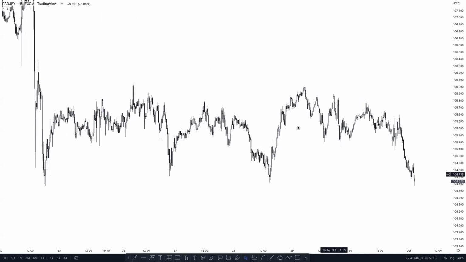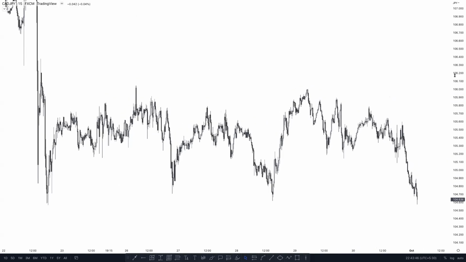So right now, this is a picture in M15 of CAD JPY, and everyone help Muhammad Hassan to mark the structure. Everyone mark this structure.